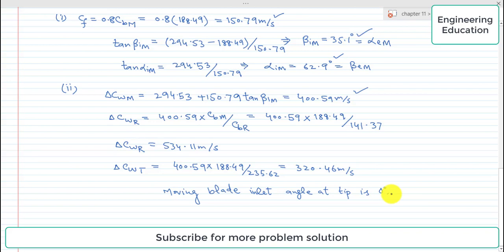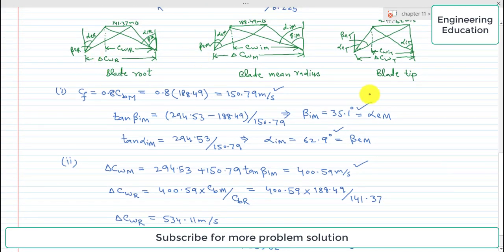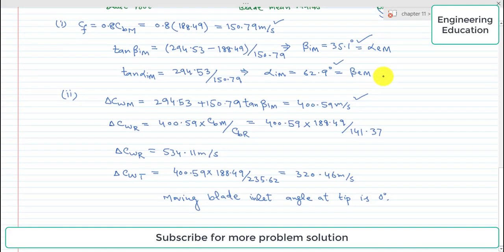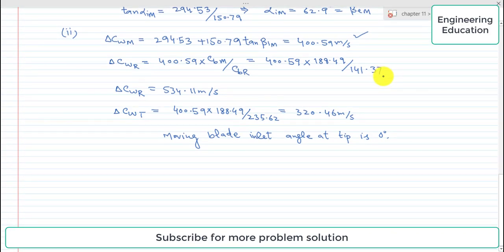Also from the velocity diagram at blade tip, which is drawn above, looking at this triangle we can write that tangent beta ET is equal to 320.46 divided by 150.79.